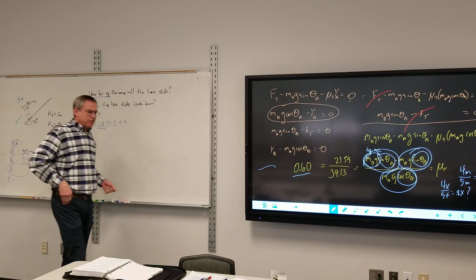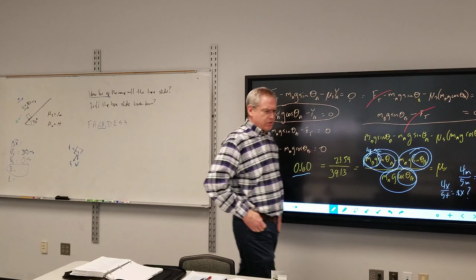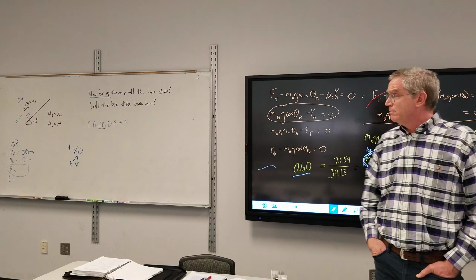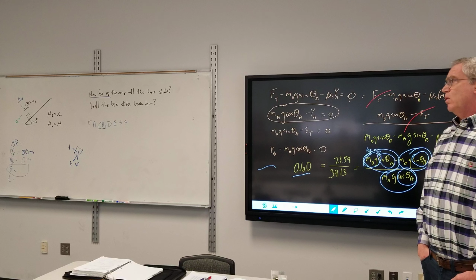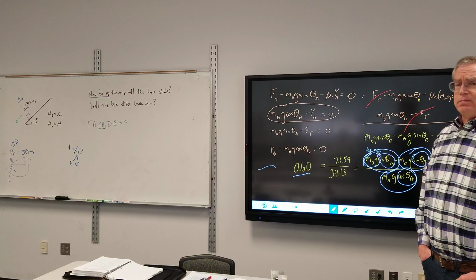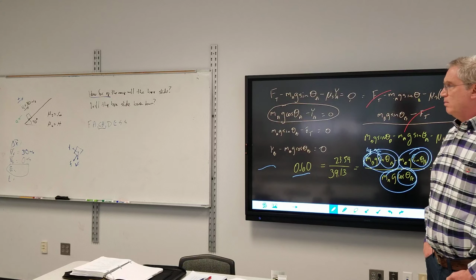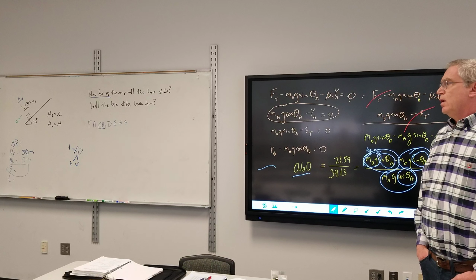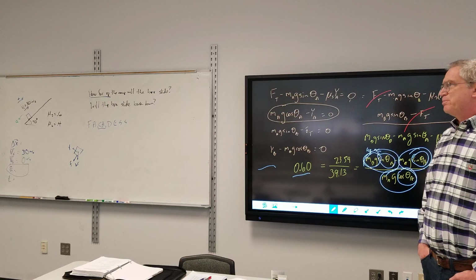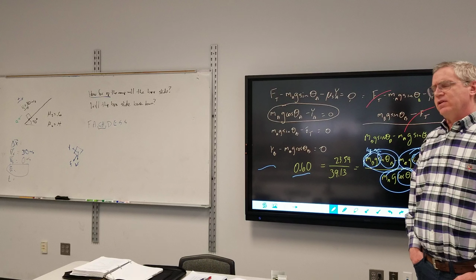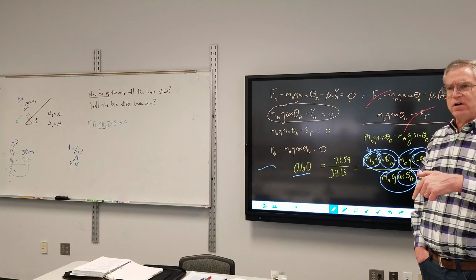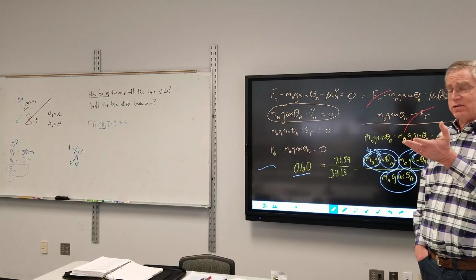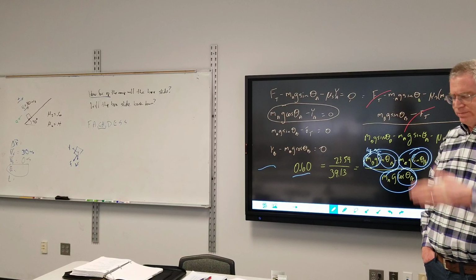So we can pick the coordinate system that Kevin started with, where positive is in the same direction as the initial velocity. Or we could make the acceleration the positive and flip it around. Personally, I like it in the direction of the initial velocity. It is anti-parallel to the acceleration, but as long as it's not perpendicular to the acceleration, we're probably good, or some other angle.